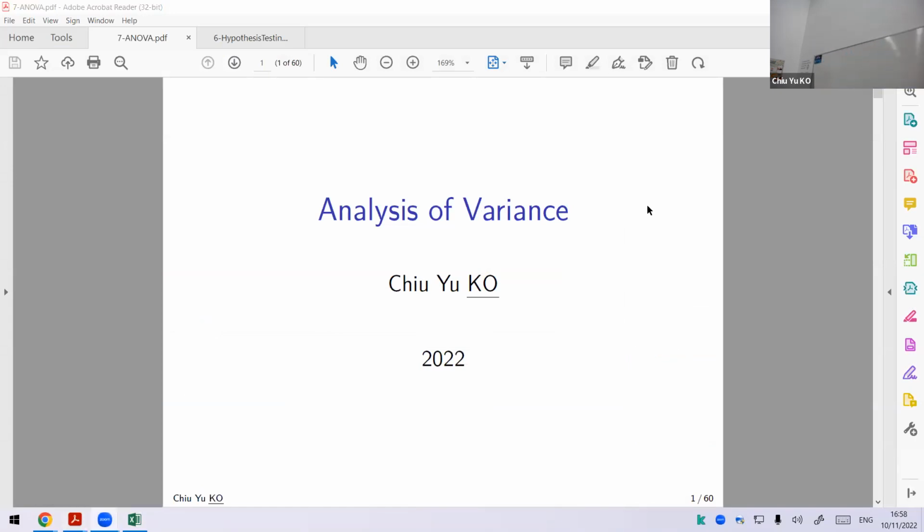Let me give you a brief overview of what ANOVA is. ANOVA is very simple. ANOVA is simply the T-test for many groups. The T-test compares two groups, whether they have the same mean. Remember, the T-test we do is for independent populations.